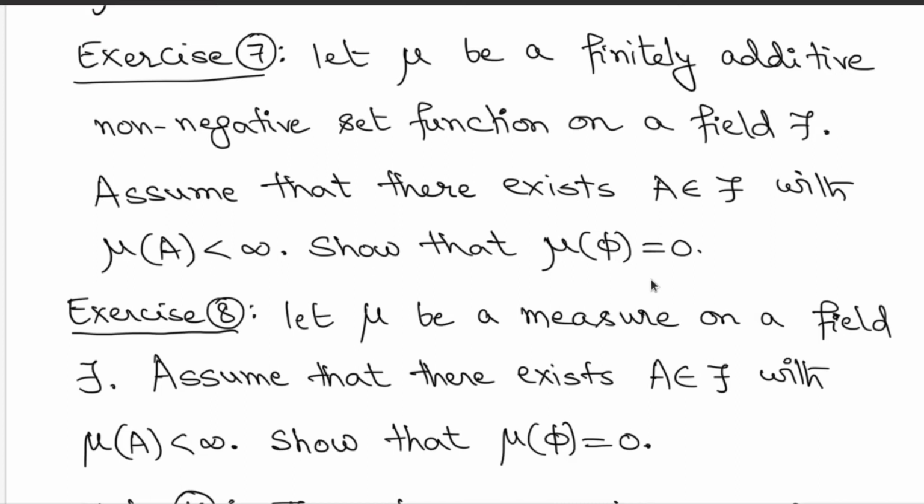In the second case, which is a countably additive non-negative set function, we called it a measure on the field. So for these two cases, in exercise 7 and in exercise 8, if you make that assumption for the existence of such a special set, you can immediately show by the same argument that the measure of the empty set is 0.